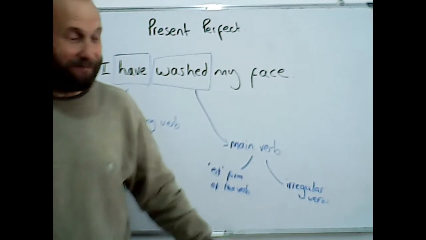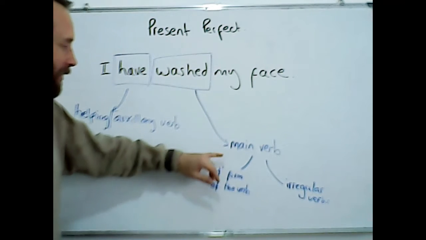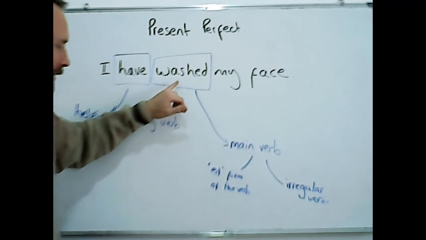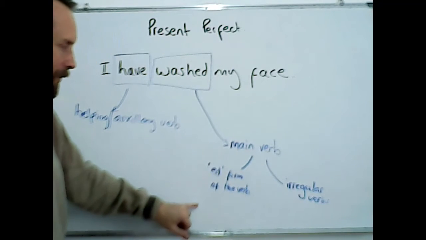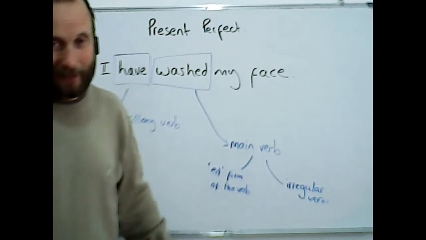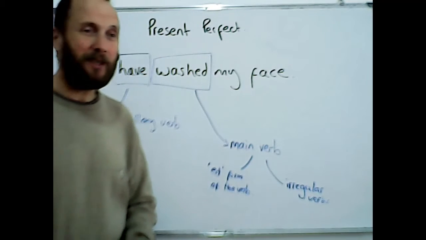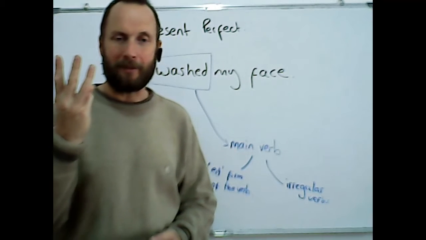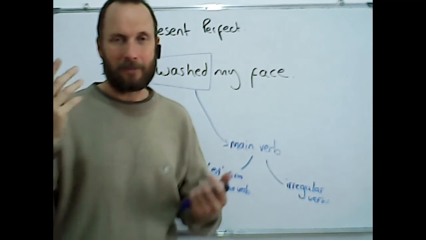This is English. Okay? So we've got the main verb. If it's a regular verb, like this one, it's just an ed form of the verb. If it's an irregular verb, and there are lots of them, you have to look, and it's normally called the third form of the verb. Okay? That's what it's called.